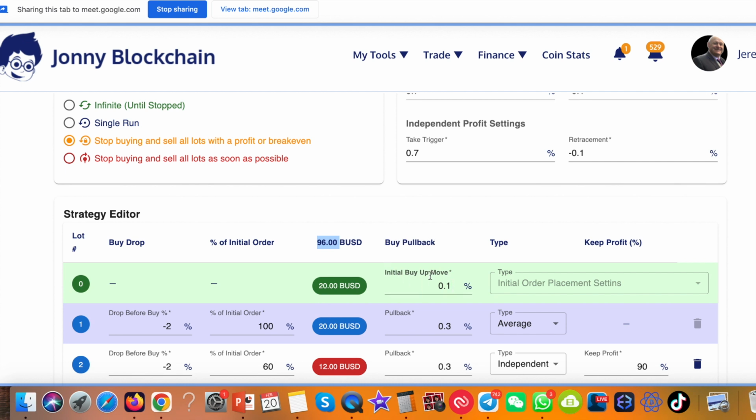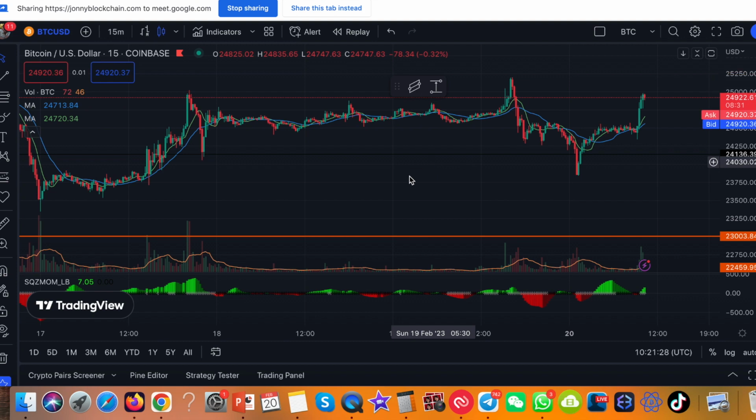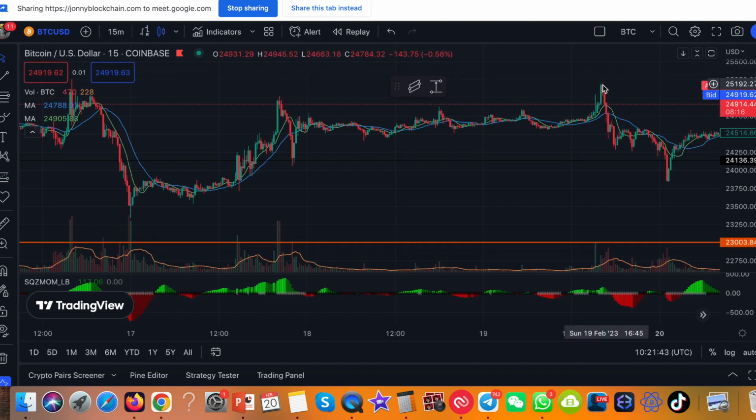The next tool that's going to happen very shortly, and it'll be done by Monday, a week today, is that this is the initial buy up price. We're going to rename that, because of what this does. If I start a bot, so if I come to a chart, and say I wanted to start a bot now, the price was here.